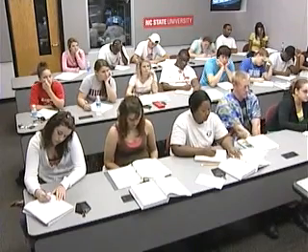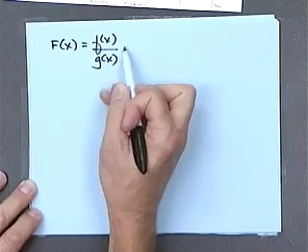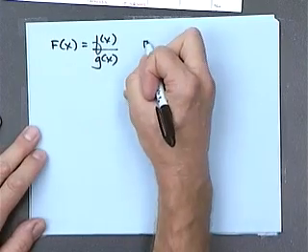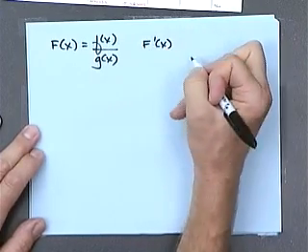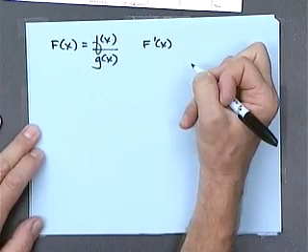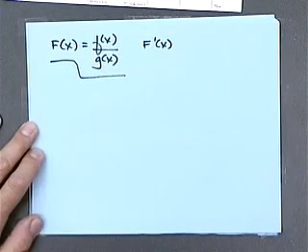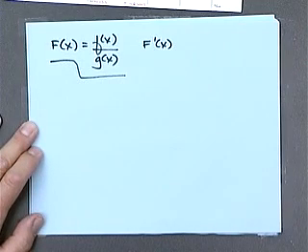So I've got this quotient, but I want to rewrite this statement in terms of a product so we can use the product rule. How can we accomplish that? I want to change this into a product. Multiply both sides by g of x.